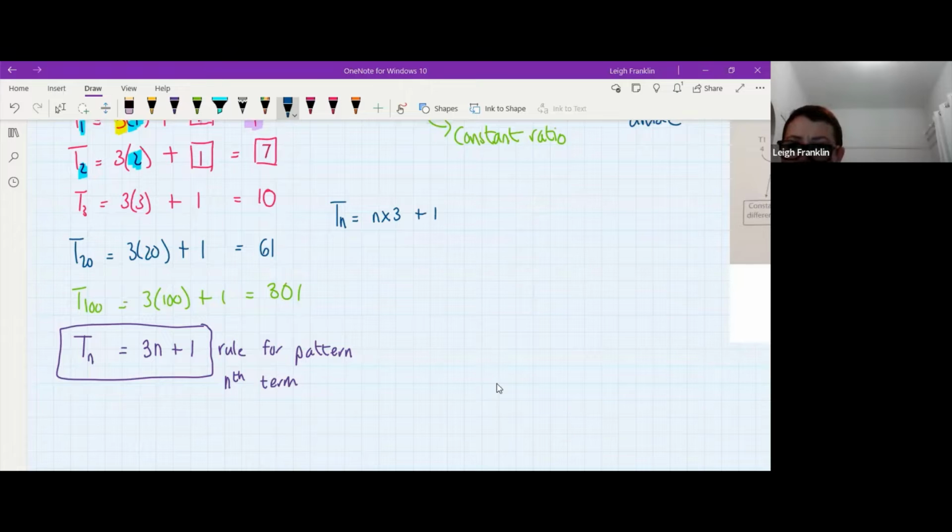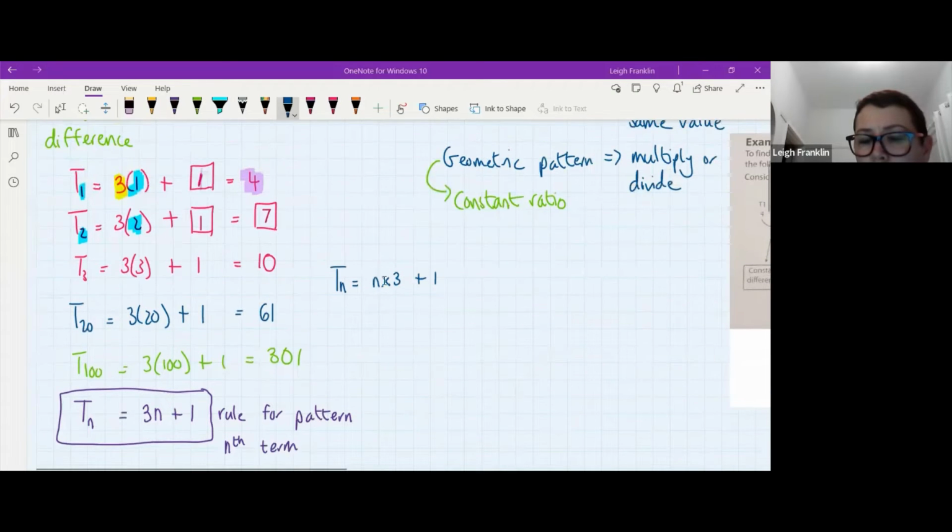I think it's because you can't times, you have to times 3 with the n.